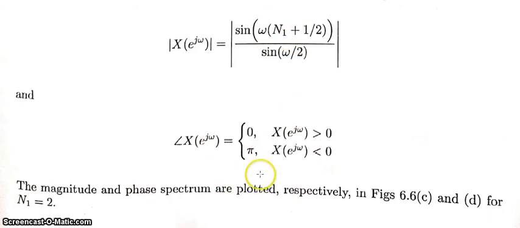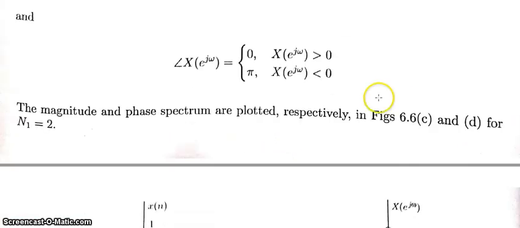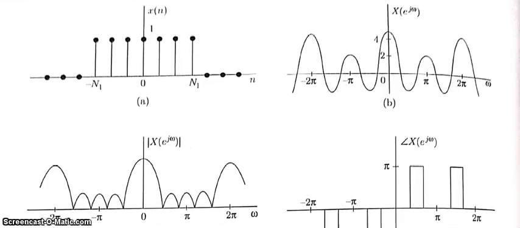Similarly, phase angles can also be evaluated for different frequency values, and it is obtained that the phase angle is 0 when the value is greater than 0, and it is pi when the value is less than 0. The magnitude and phase spectrum are plotted.